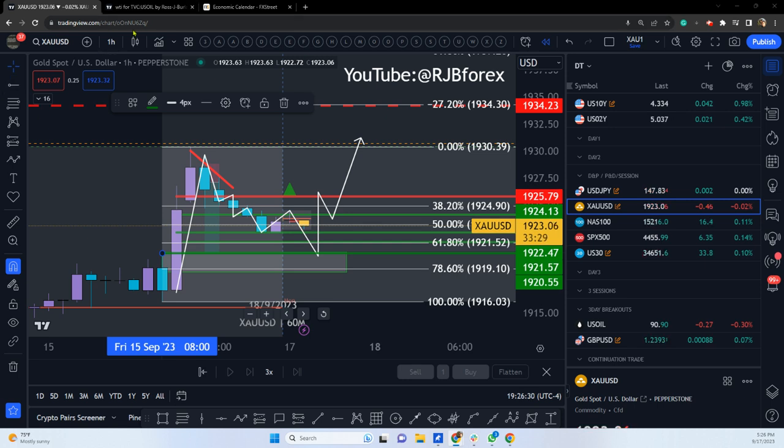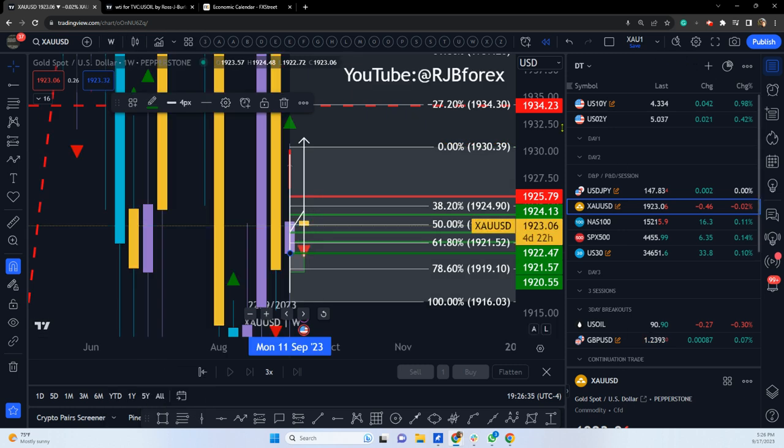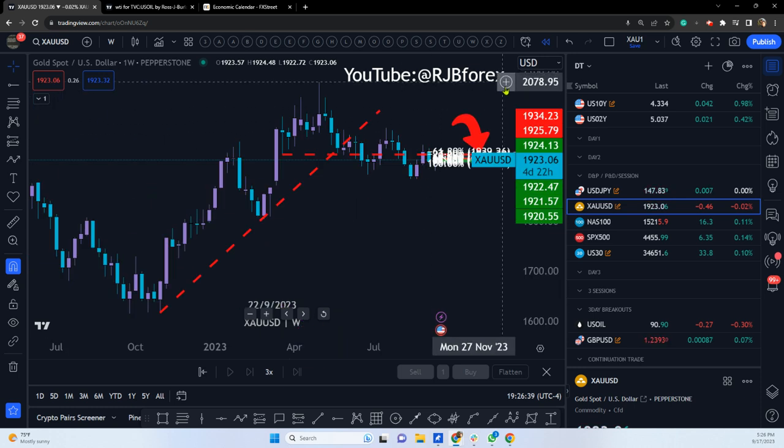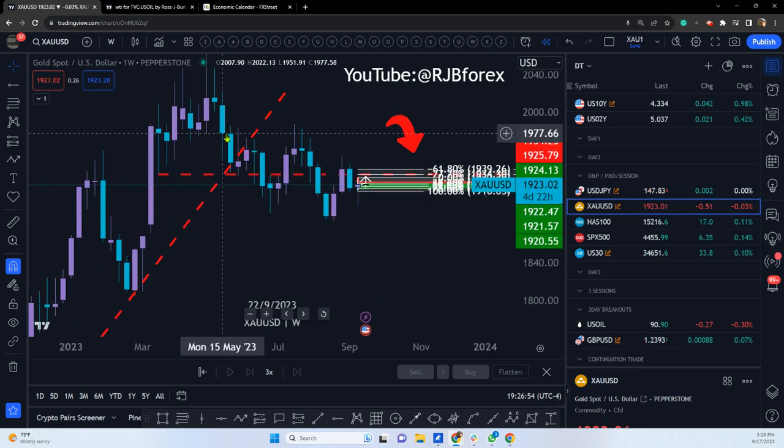And then let's go to the weekly chart. As I said, this would be a top-down analysis on all pairs. So we broke the bullish trend when we came down below this higher low before the higher high. So we broke that structure and we've been bouncing around.